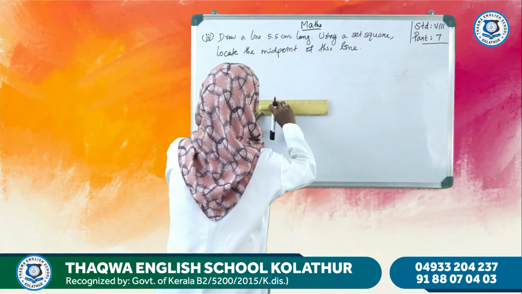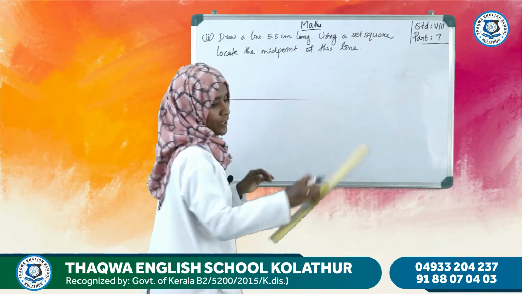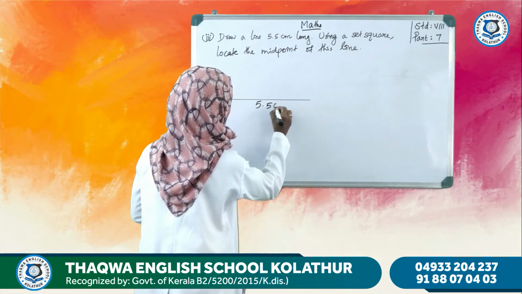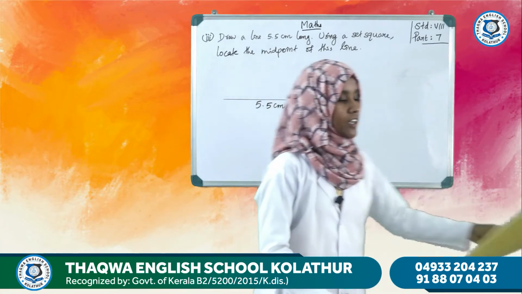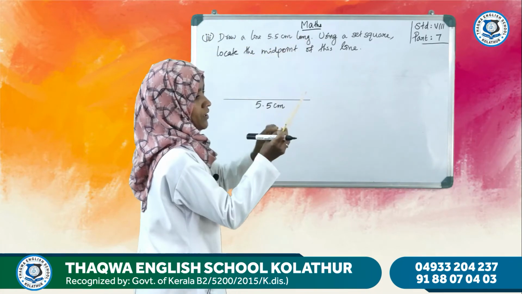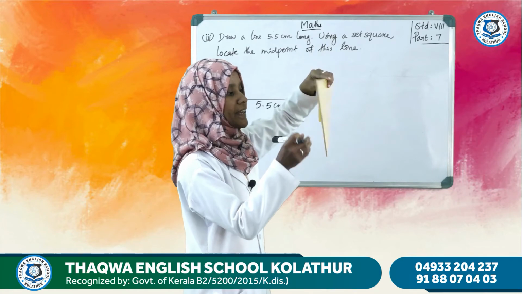We can draw a line 5.5 centimeter long. Next, we can take our set square. What is this angle? Here it is 90 degree.